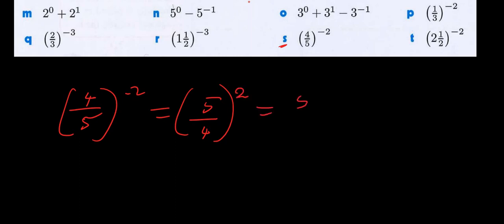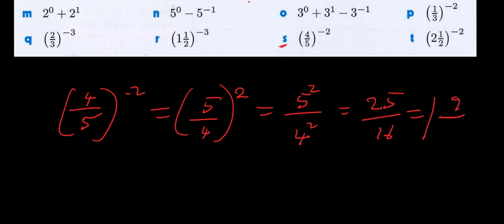So this will become 5 squared over 4 squared, which is 25 over 16. If you want to make this a mixed fraction, then you have 1 whole number 9 over 16. Final answer to this question. I hope it makes some sense.